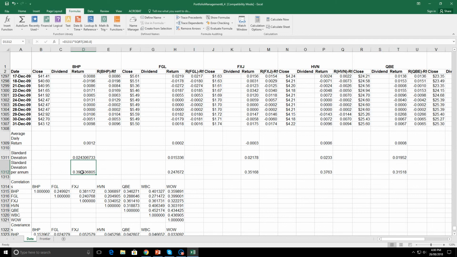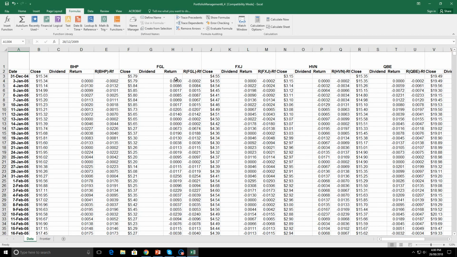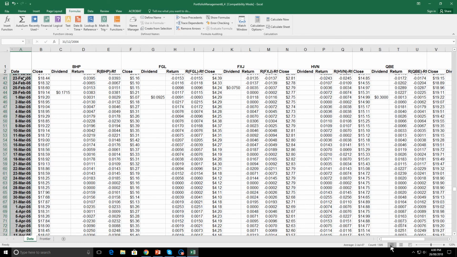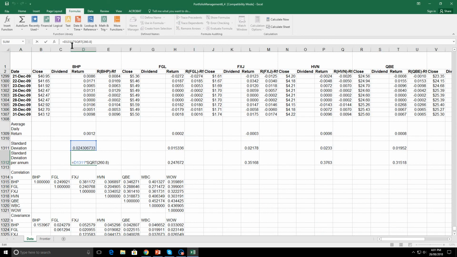If we look at the data series, we have 5-year data, and we have taken the total number of days. For example, if you take the total number of days here, you will see it is 1305. Since we have 5-year data, we divide it by 5 and we get the average number of days in a year, which is 260.8.